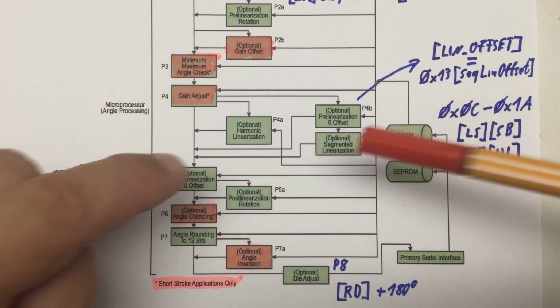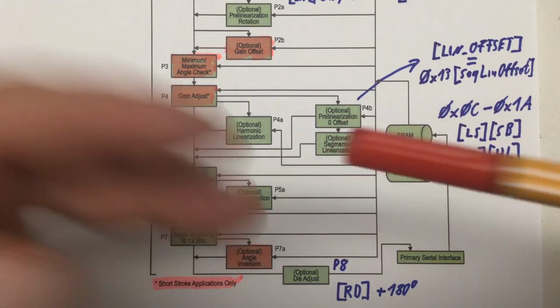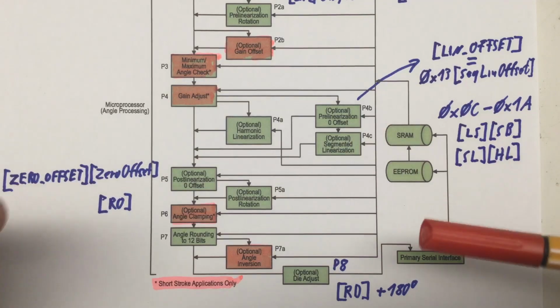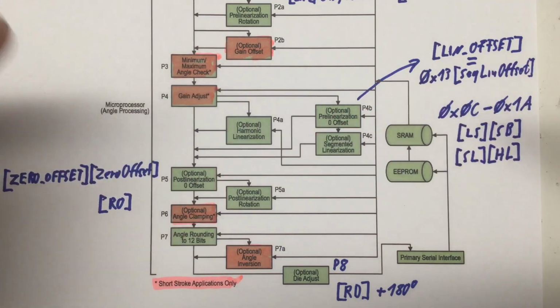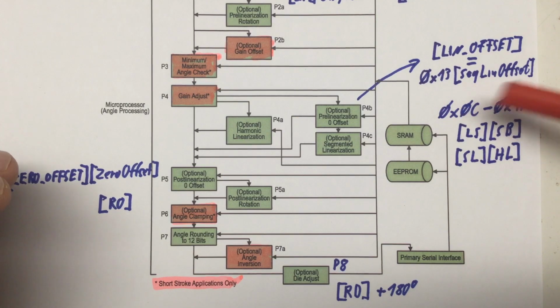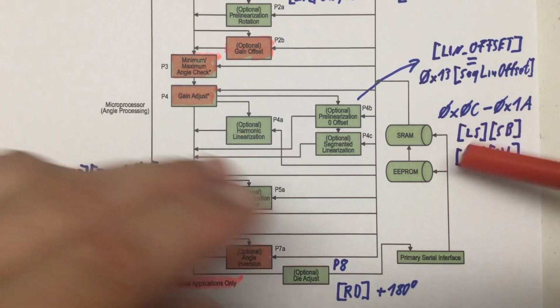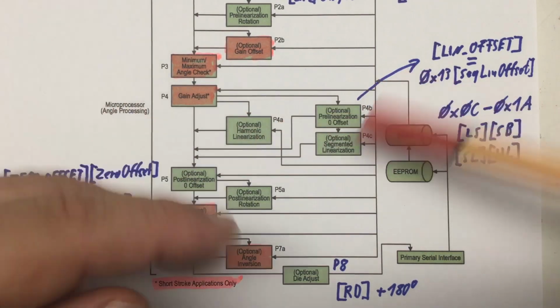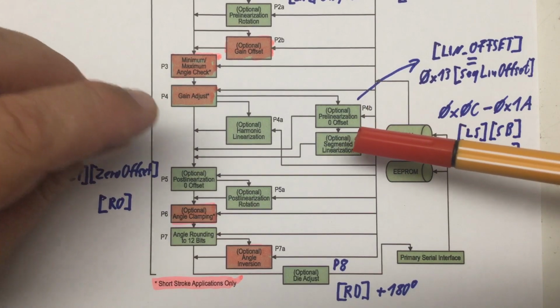I think you can even apply both. But anyway, that's quite a complex thing. It's programmed via the SRAM registers 0C to 1A, plus 4 more flags you can set elsewhere. So quite a complex linearization algorithm we have there.